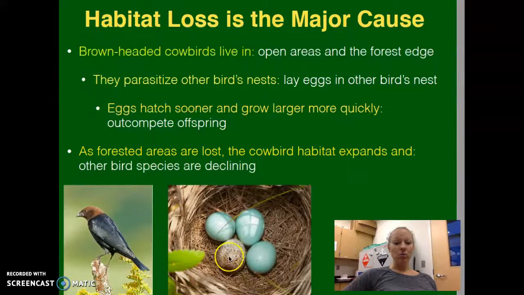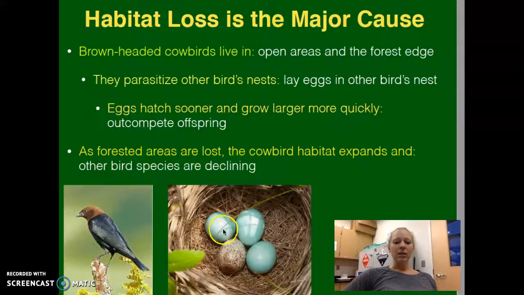These eggs tend to hatch earlier, and the birds will grow sooner, and so they can oftentimes outcompete the already existing birds, and so this tends to have a negative effect on the populations because they are being outcompeted by these brown-headed cowbirds.